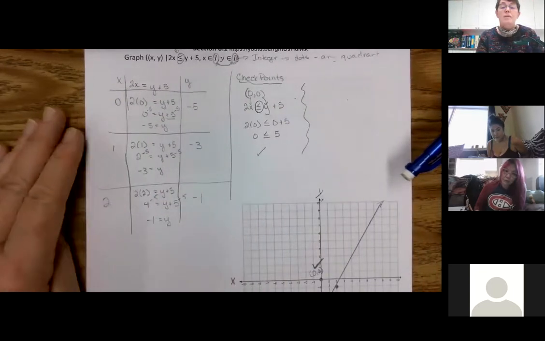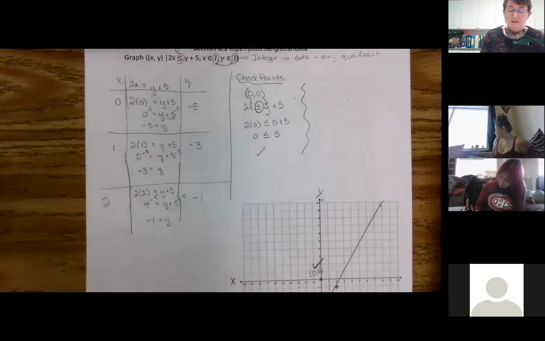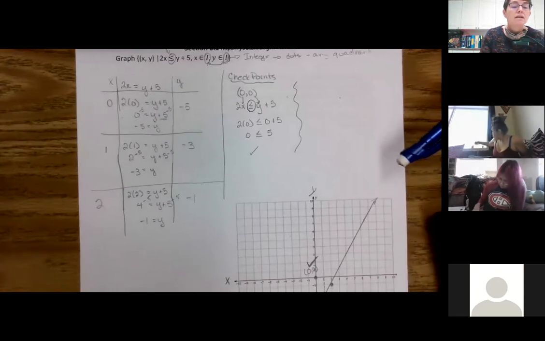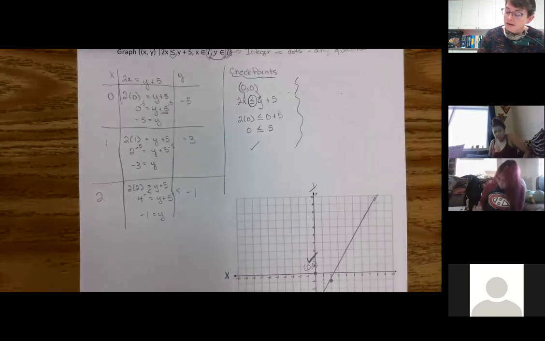But I'm a very paranoid mathematician and you need to be too, and you want to get full marks. So we need to pick another point. Now this one matters. It needs to be on the other side of the line. Michelle, can you give me a number on the other side? So somewhere in this area.